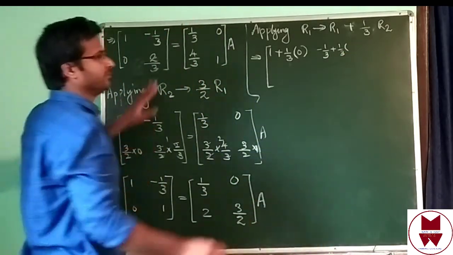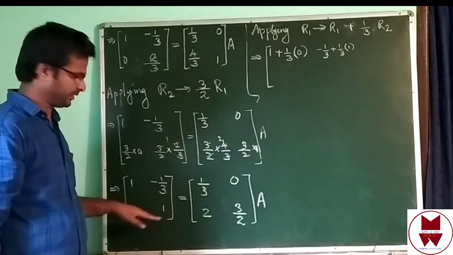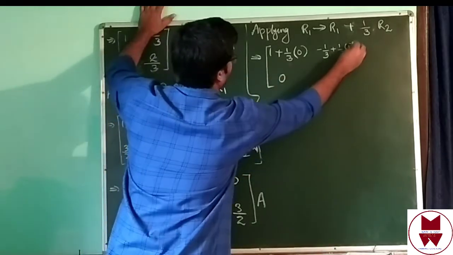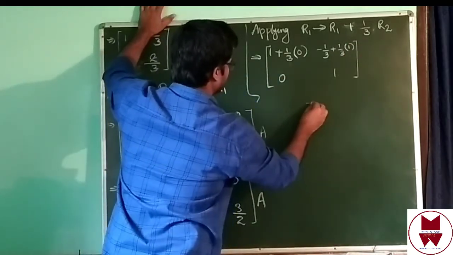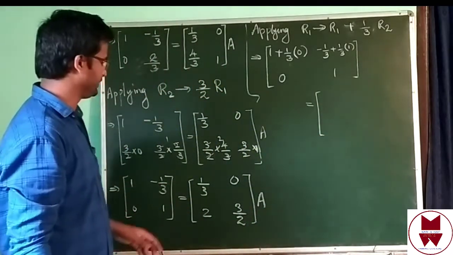R2 is 1. Then second row no need to change. We can write the same 0 and 1 equal to matrix. Right side also you have to change this.